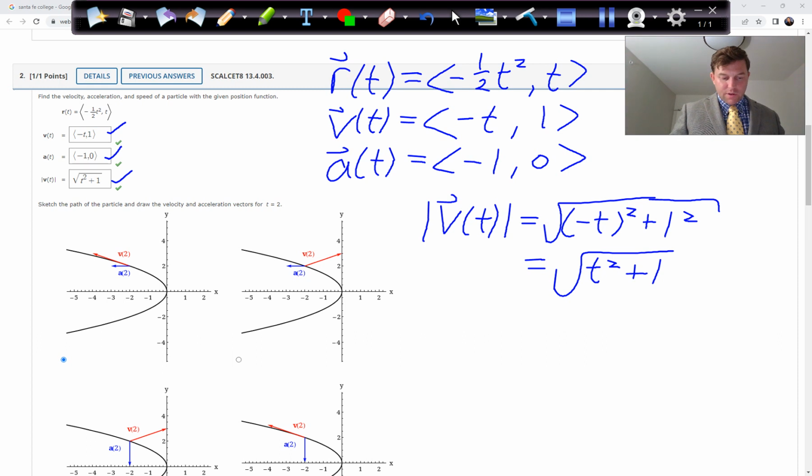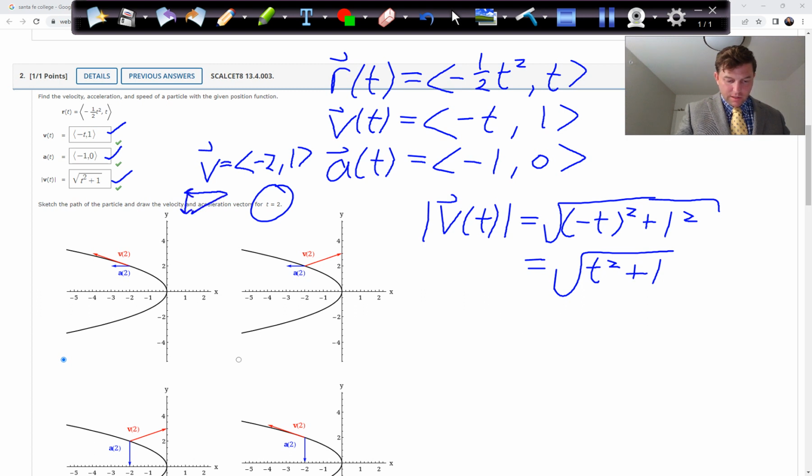And then the easiest way to find it is using the velocity vector. So the velocity vector would be negative t, 1. So if t is 2 in this case, the velocity vector should be negative 2 comma 1. Well, that's going to point 2 to the left and 1 down.